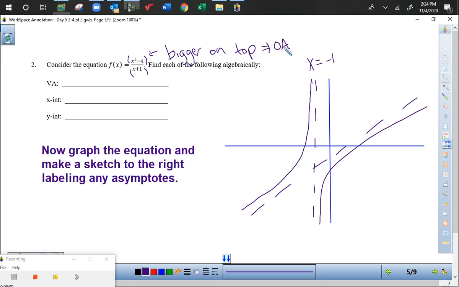The reason for that is if it's bigger on top, as I get larger and larger, it's going to keep going up and up towards positive infinity, just like the line does. As I go left and left, it'll get smaller towards negative infinity.